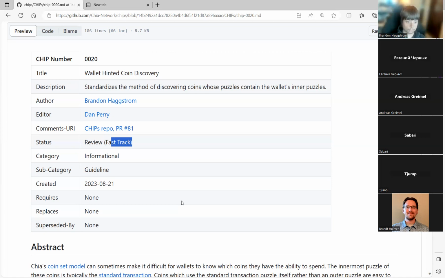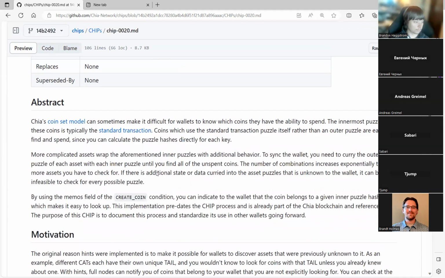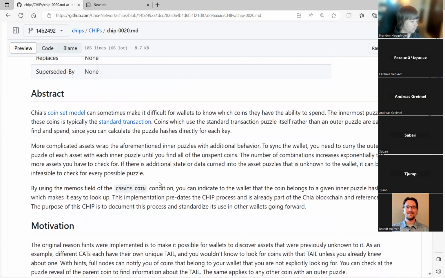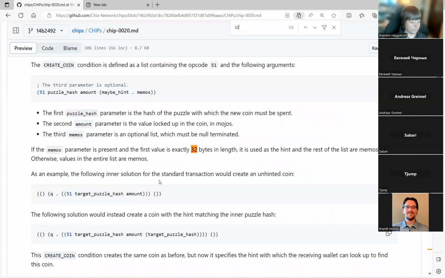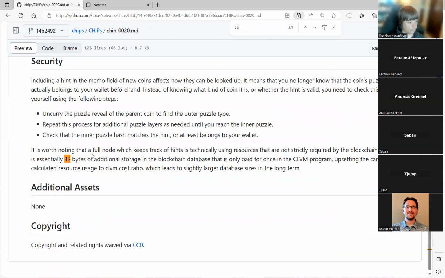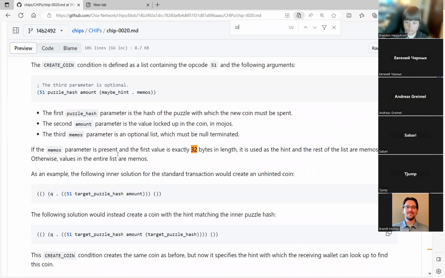Can we scroll to that? Oh yeah, sorry. Yeah, that is how I've understood it to work in the past too. It would be good to clarify to make sure. If the memos parameter is present and the first value is exactly 32 bytes in length, it is used as the hint and the rest of the list are memos. Otherwise, the values in the entire list are memos.